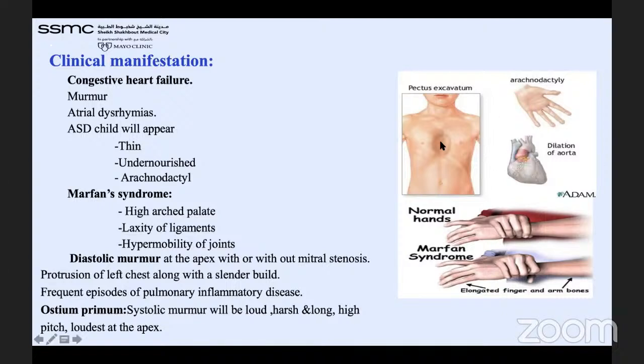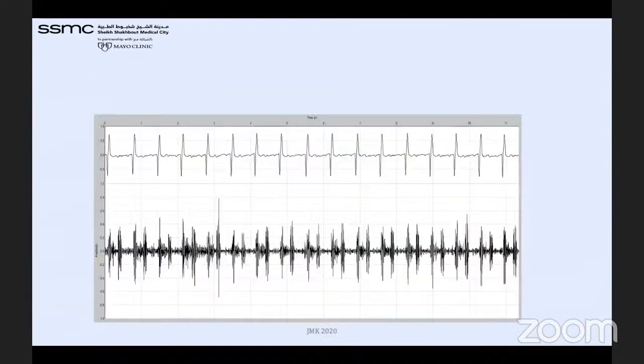For example, pectus excavatum, Marfan syndrome have this ASD, dilatation of the aorta, arachnodactyly, which is spider fingers, with a lot of gaps between the fingers, murmur, atrial dysrhythmias, diastolic murmur at the apex if it is not closed at a later age, and then it is pathological with or without mitral stenosis, and the ostium primum has a systolic murmur, which is loud, harsh, and long. So let's see, the very loud, harsh, and strong murmur.